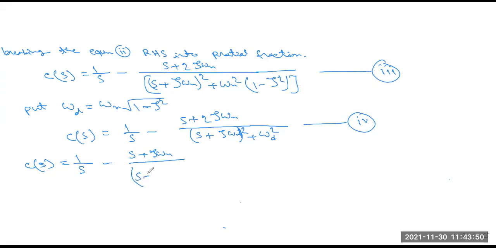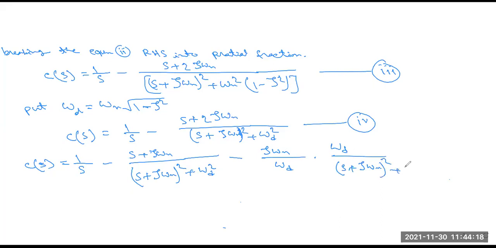So we have to write this equation, this part, (s plus zeta omega n) whole square plus omega d square, minus zeta omega n by omega d dot omega d divided by the same part, (s plus zeta omega n) whole square plus omega d whole square. So these are the simple parts. Simple parts we have to apply here also. This is the equation number 4a.